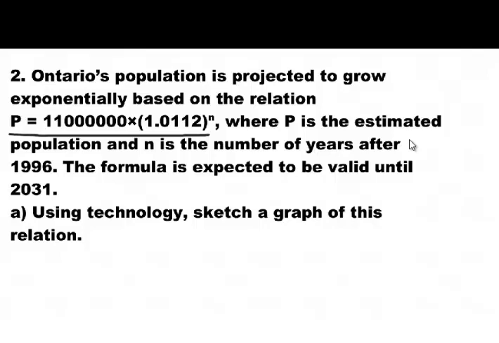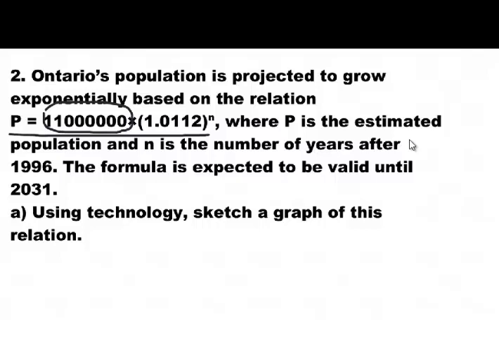You're supposed to use technology to sketch the graph here. The reason we're using technology is the numbers we're dealing with. You can see that this number, 11 million, is a huge number. When n is equal to 0, meaning when the year is 1996, remember, n represents the number of years since 1996.